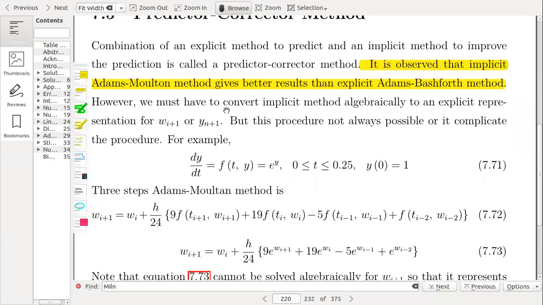However, we would have to convert the implicit method algebraically to an explicit representation for Wi plus 1 or Yi plus 1. But this procedure is not always possible, or it complicates the procedure.